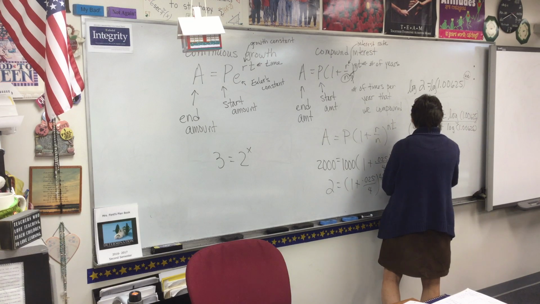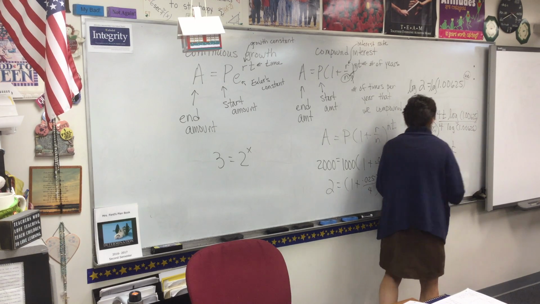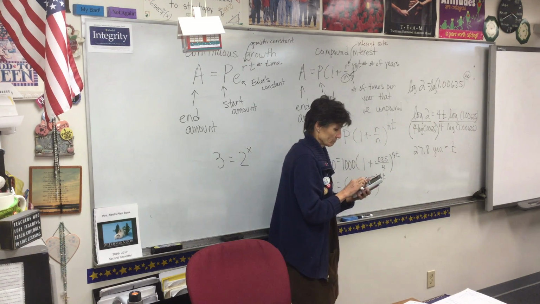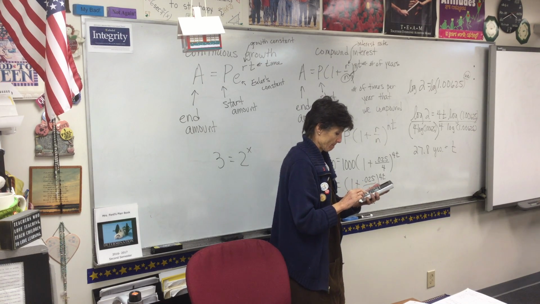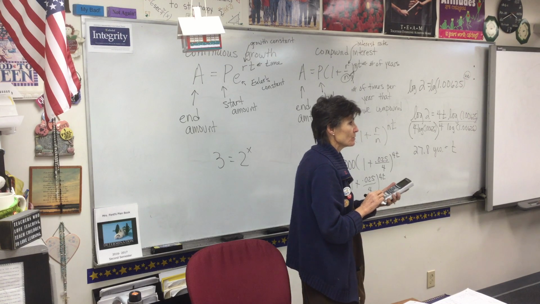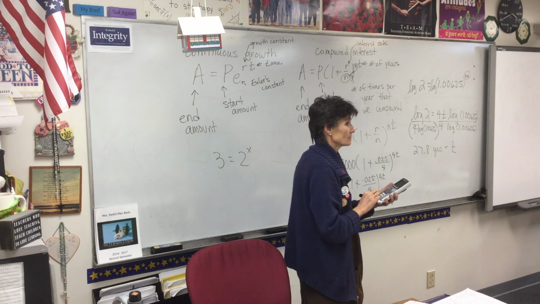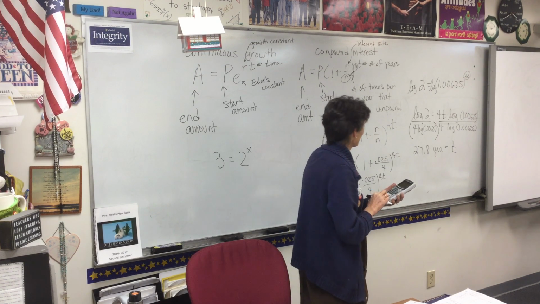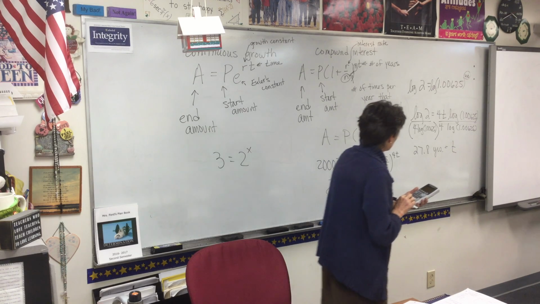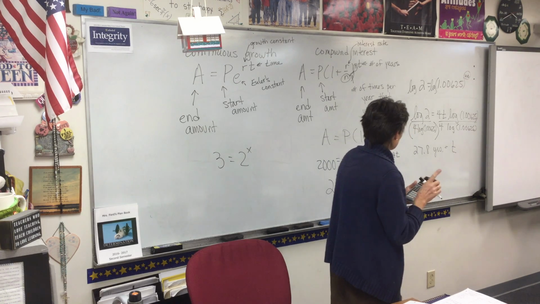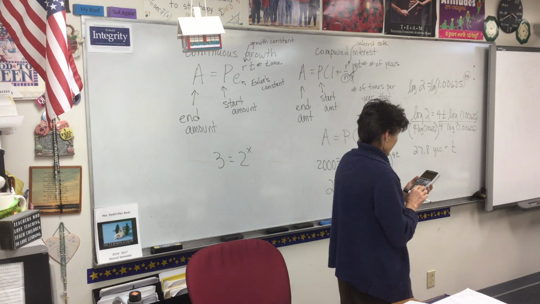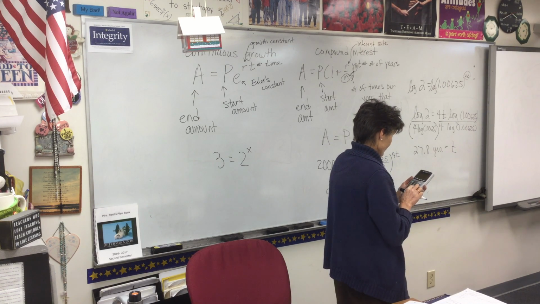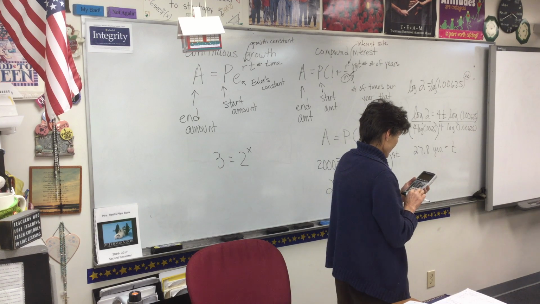I got 27.8 years. That's not what you got? Okay, well, you're wrong, for sure. I know you're wrong. Now, I could be wrong too, so let me try this again, make sure. I'd like somebody to match me.